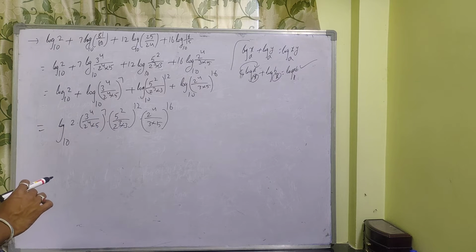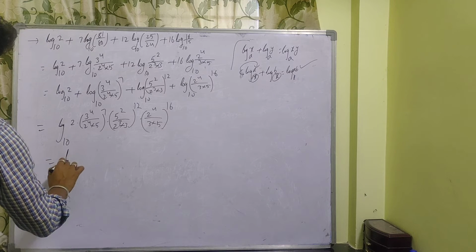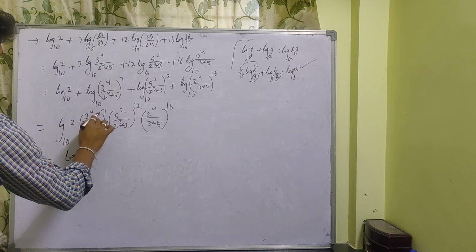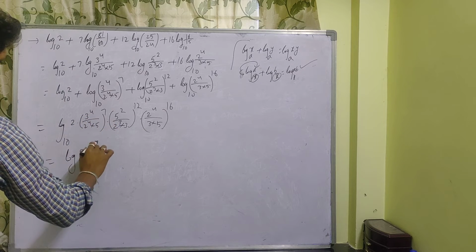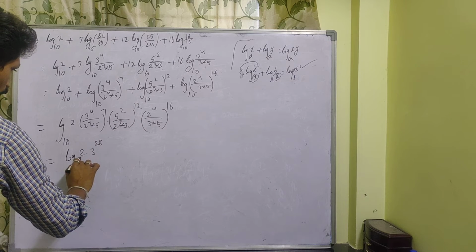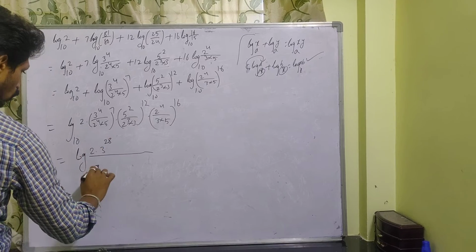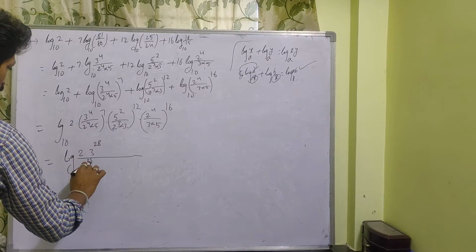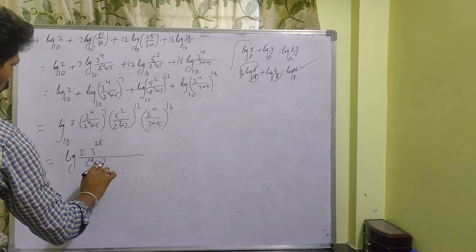So what you get, you see here, this is nothing but log 2 into 3 power 4 sevens are 28 by 2 power 4 sevens are 28 into 5 power 7.